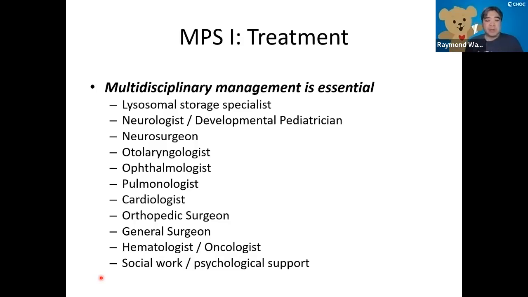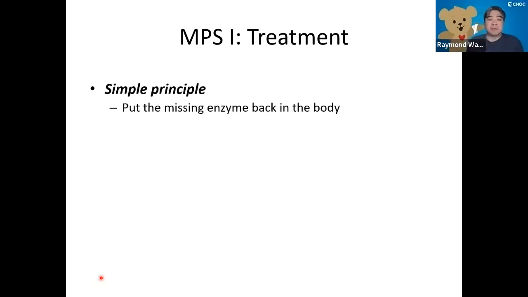As we talk about general multidisciplinary follow-up, I want to talk about how to treat the condition, not just monitor. The idea is pretty simple.